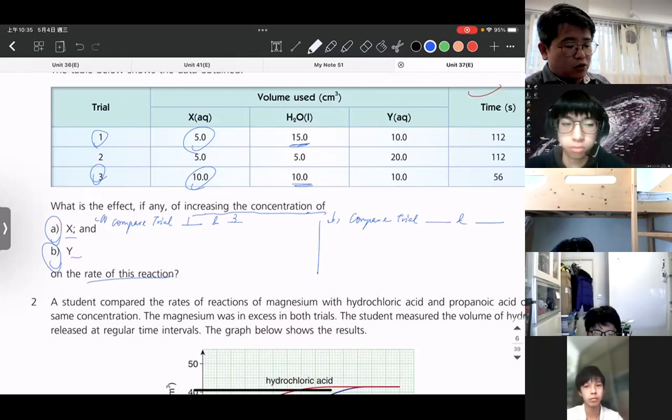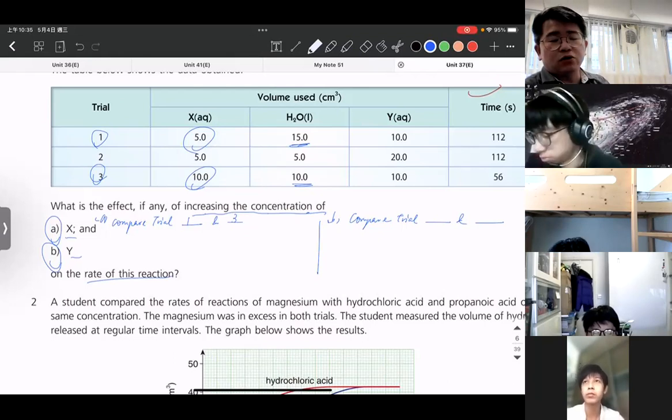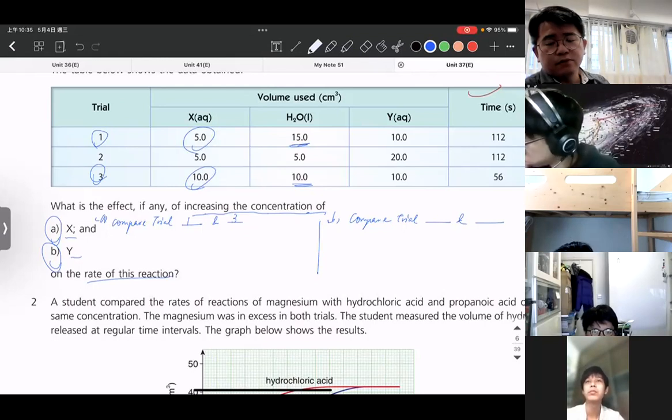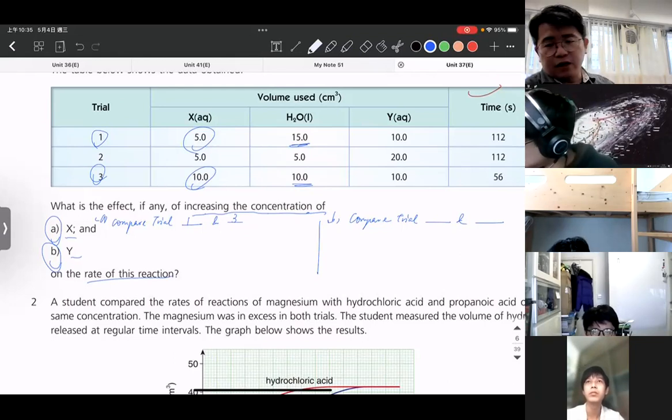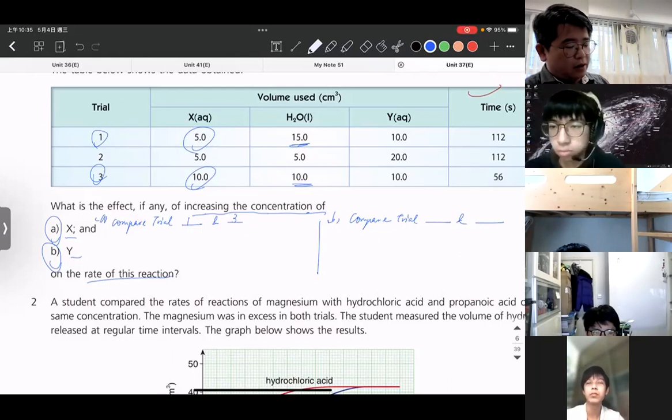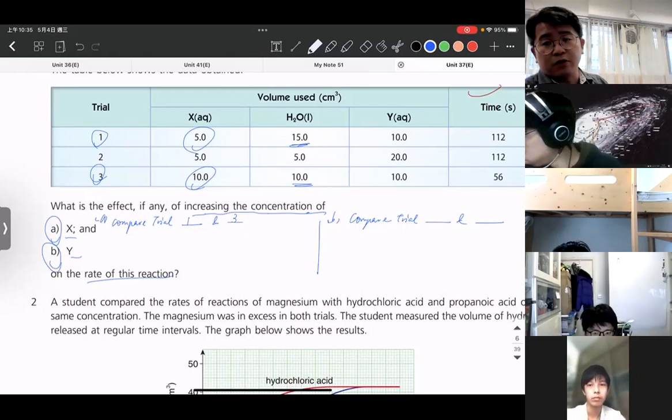Okay, so what is the significance? So why do we need to insist on making the total volume the same? What is the reason behind? It seems that water adds up a final touch on that, such that the volume of it will be adjusted so as to make the total volume constant, right?